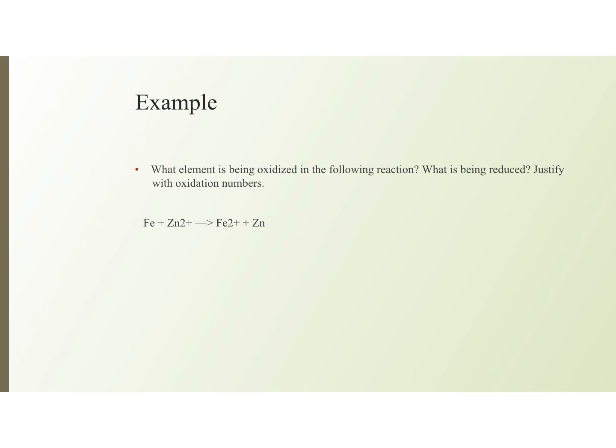Okay, so take a moment to go ahead and write the oxidation number of each of these items as you move forth. So pause the video and write down the oxidation numbers. So if you did these correctly, these are the oxidation numbers that you could have gotten for each of these species. And as you can see, the Fe went from an oxidation number of 0 to +2, which means that it is being oxidized.